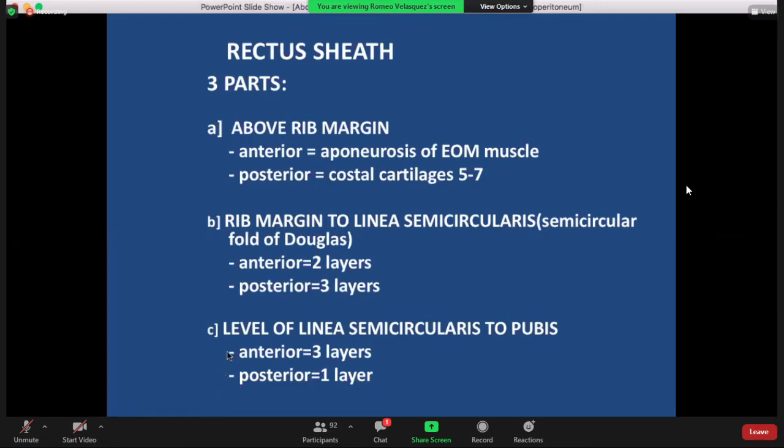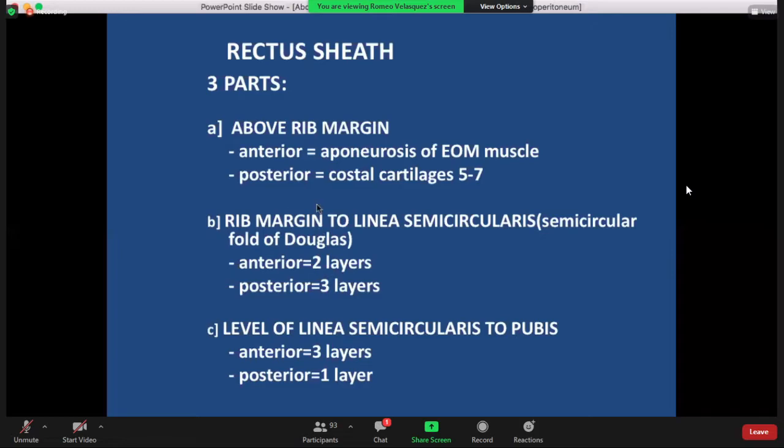As you can see, at the most inferior part, with the semicircular line or linea semicircularis as the landmark, you will see that two layers are missing. The posterior is just one layer, whereas as you go above the semicircular line, you have the complete layers.